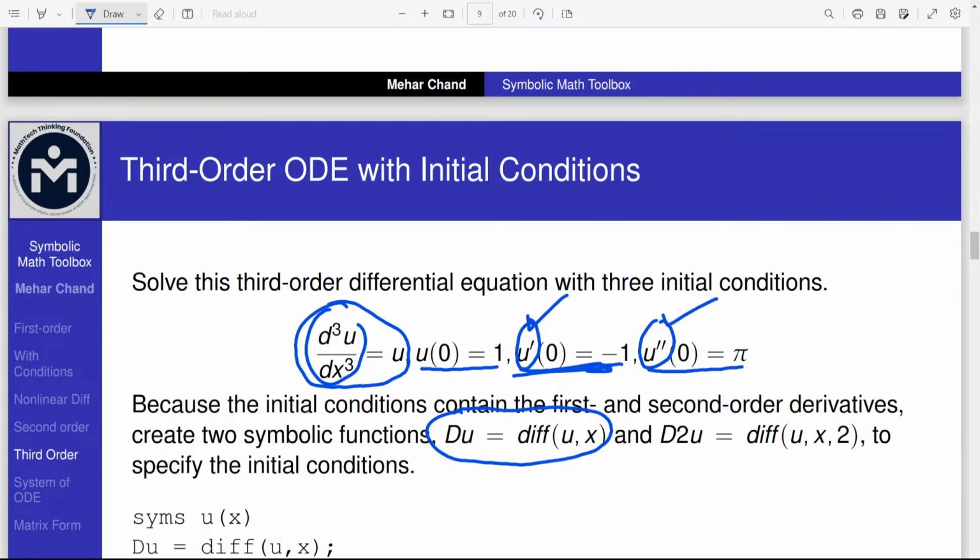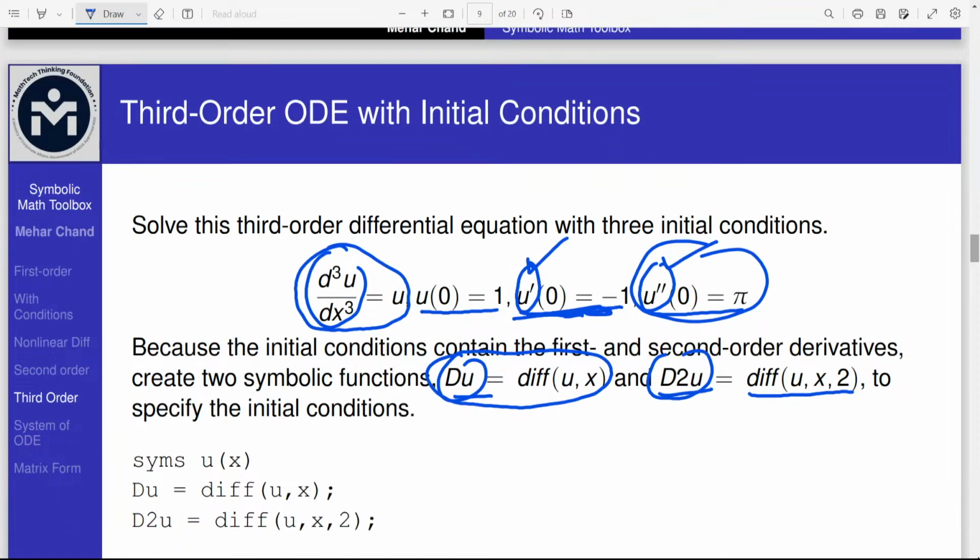This is the syntax for the first derivative condition, and for the second, d2u, which is only an assignment, we have the second order derivative diff(u,x,2). Now we can easily write our program in MATLAB.